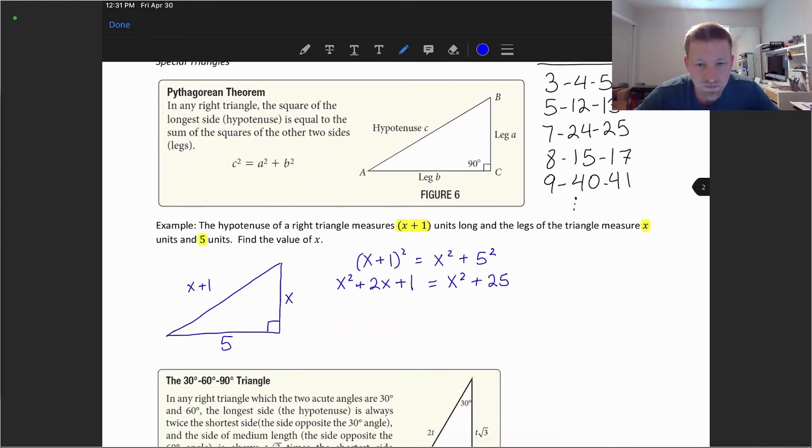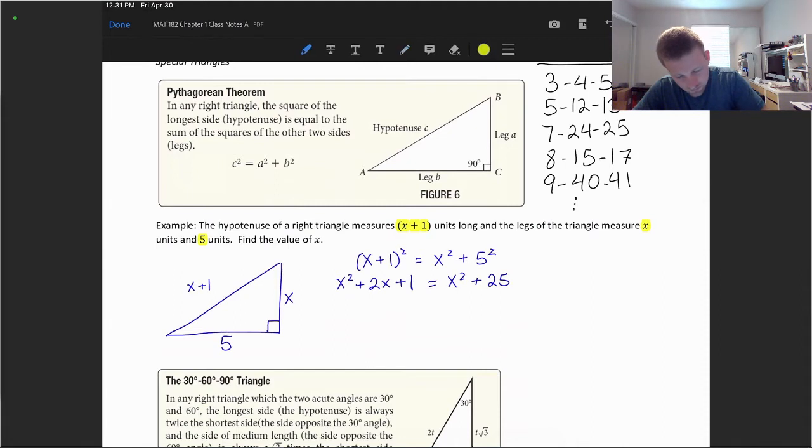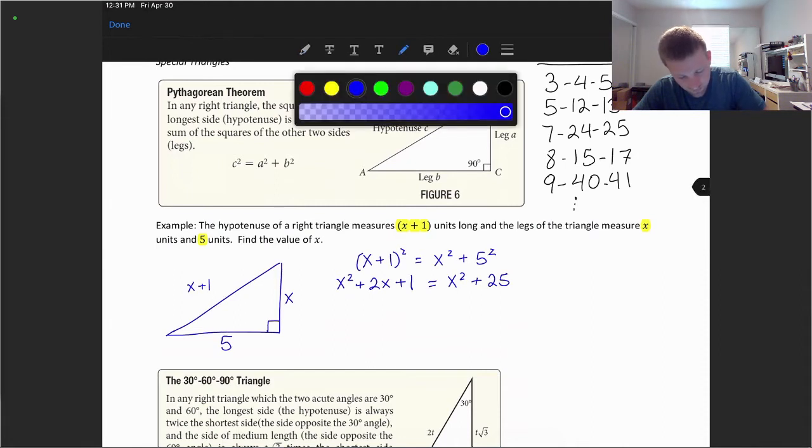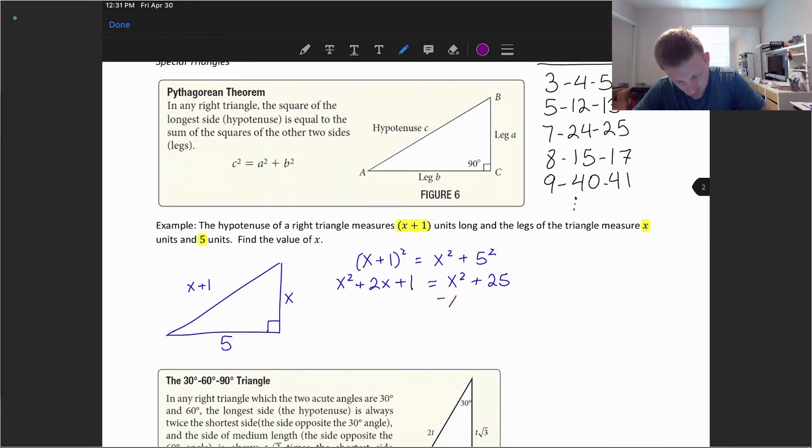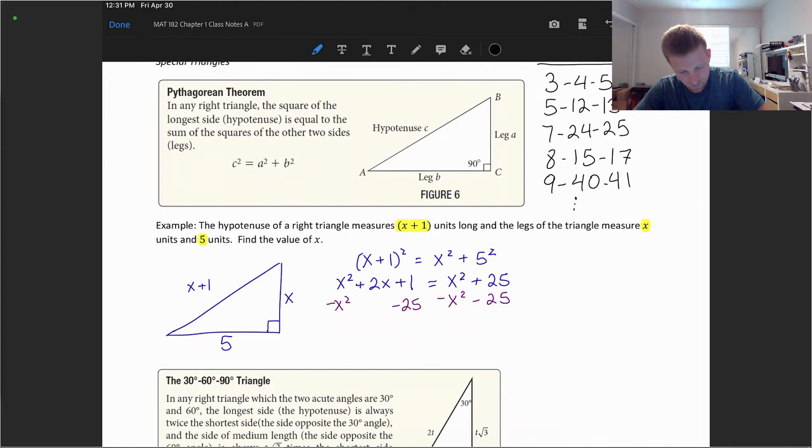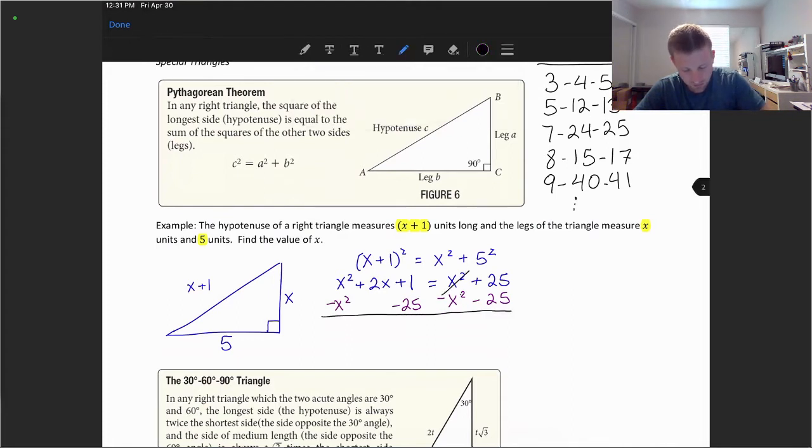We can continue to simplify here and combine like terms. If I subtract the x squared, and we subtract 25 from both sides, we can cancel the right side out to 0, and we'll have remaining 2x minus 24.